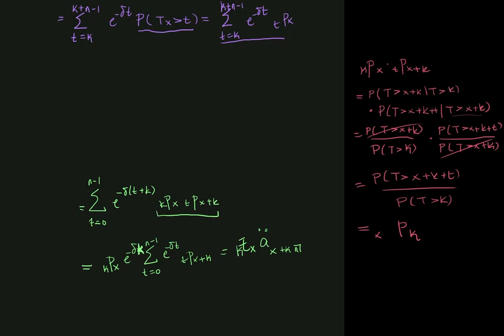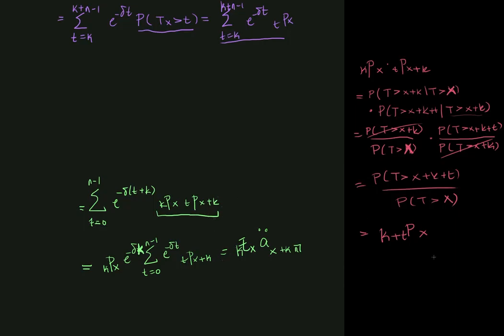Sorry, for some reason I don't know the difference between my k's and x's, so this is just yet another reason why you should do the calculations on your own and not trust me. So what I have is, given that T is greater than x, and here I will then divide by the probability that T is greater than x. So this is the probability of an x-year-old surviving past the next k plus t years.